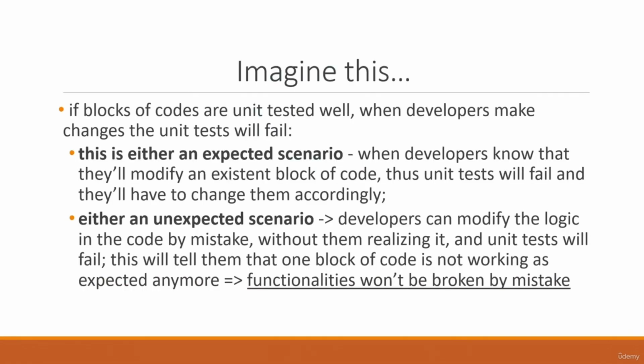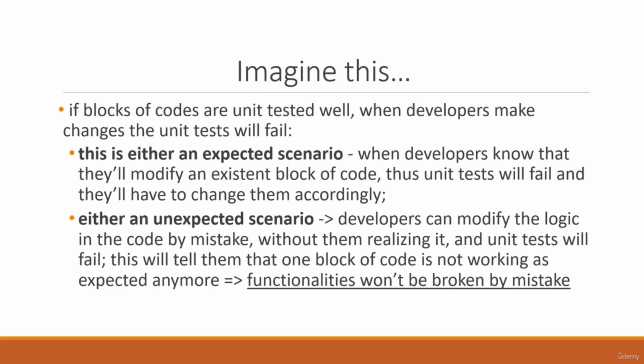So imagine this. If blocks of code are unit tested well, right? When developers make changes on a functionality, the unit tests clearly will fail. This is either an expected scenario or an unexpected one. Let me get in detail.